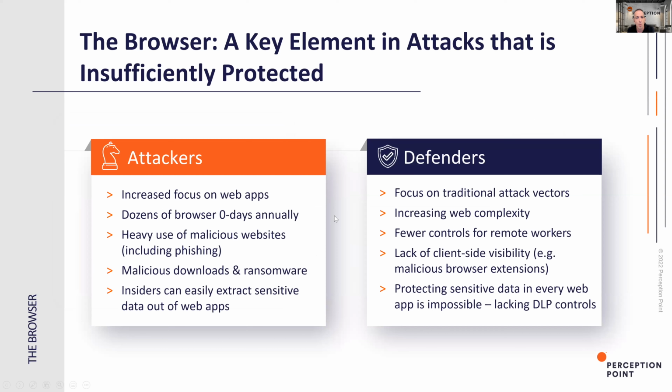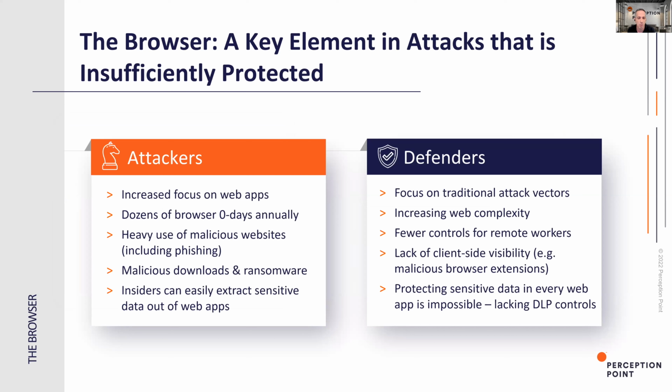So that's my point here, right? We need to make sure we look deeply into how we protect the browser. Because today, if you look at the attacker's perspective, there's more and more focus on web apps. They know that the world has moved into SaaS, and we're no longer using fat clients and desktop apps and so on. We know that most users spend most of their time in the browser.